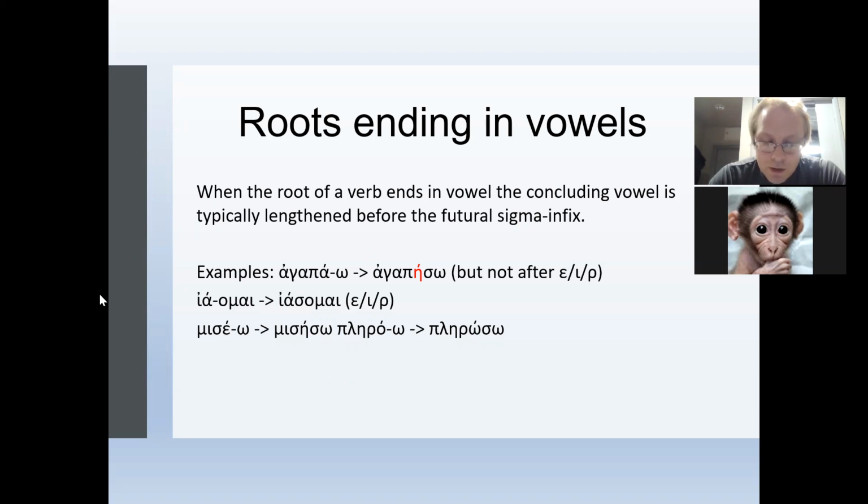Okay, the time has now come for the full parsing of the future indicative active. And for the sake of variety, instead of paideuo, we can concentrate on the last verb in our list here, that is plero, I fill.